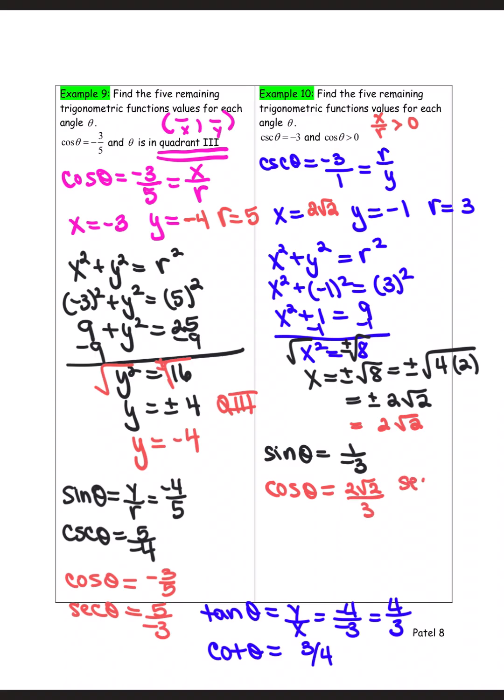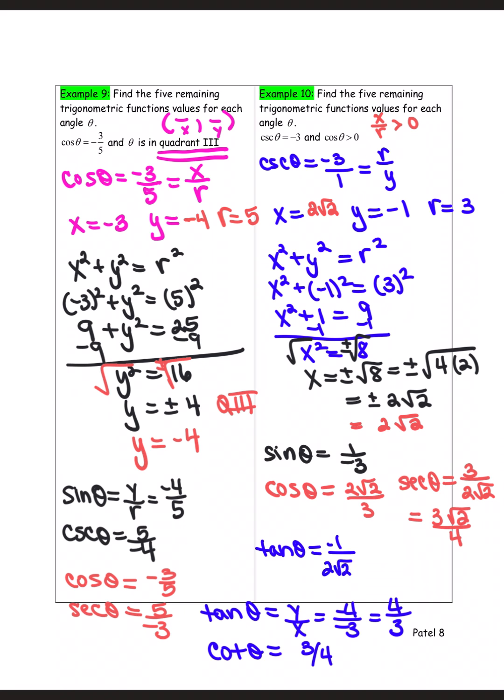Secant of theta will be 3 over 2 square root of 2. Remember, we have to rationalize that by multiplying by square root of 2. So secant of theta will be 3 square root of 2. And then it'll be 2 times 2, which will be 4. Tan of theta will be y, which is negative 1, over x, which is 2 square root of 2.